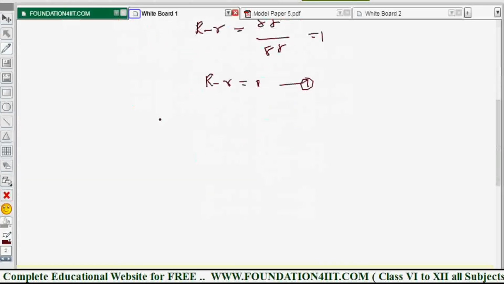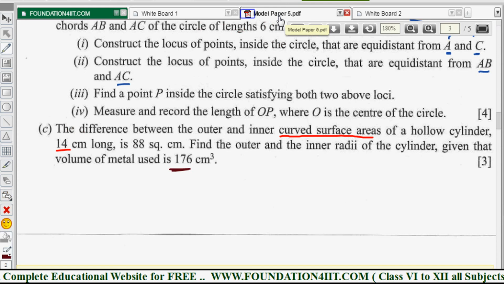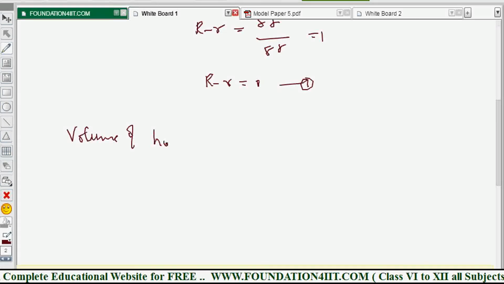Capital R minus small r is 1, that is one equation, and the volume of the hollow cylinder is equal to the formula pi into capital R square minus small r square into h, that is equal to 176, which is given.